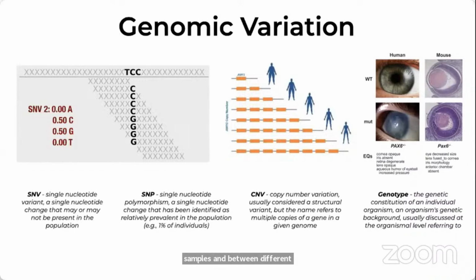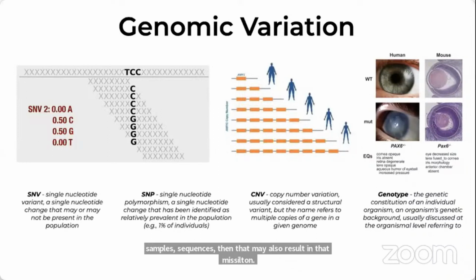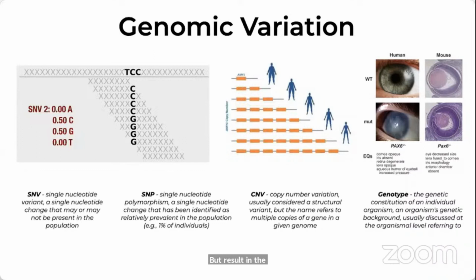When this number of copies varies significantly between the reference sequence and our sample sequence, that may also result in a changed level of gene expression, and hence may result in an altered phenotypical condition of the cell, tissue, or organism in general.